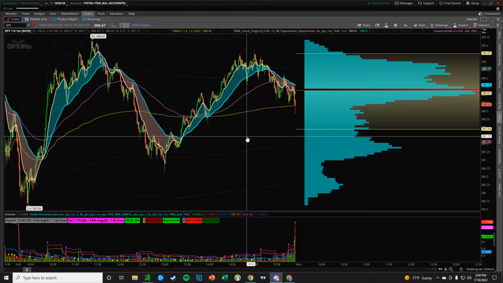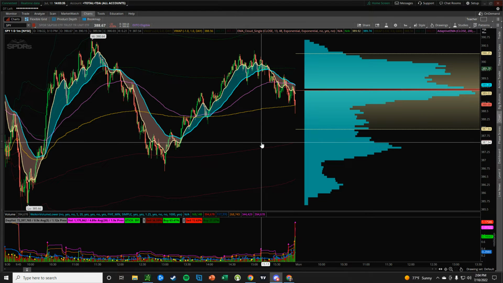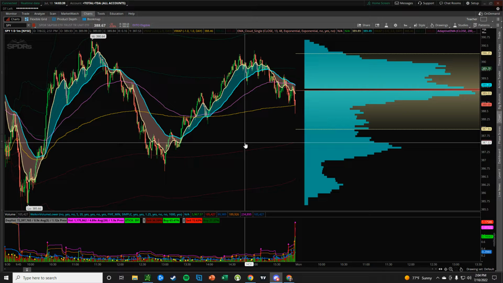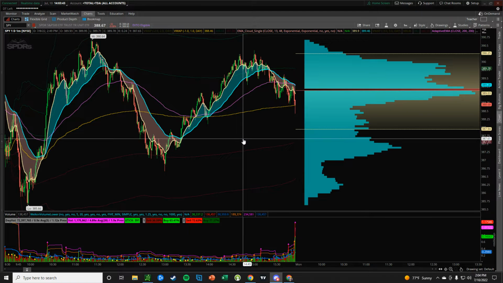All right. So jumping right into it, auction theory, right? So what drives price action? What drives market action? There is a tug of war that is constantly going on between buyers and sellers. And the market tends to go into this balancing and unbalancing phase.